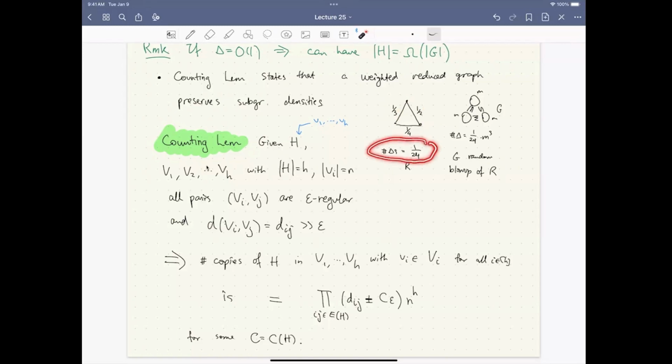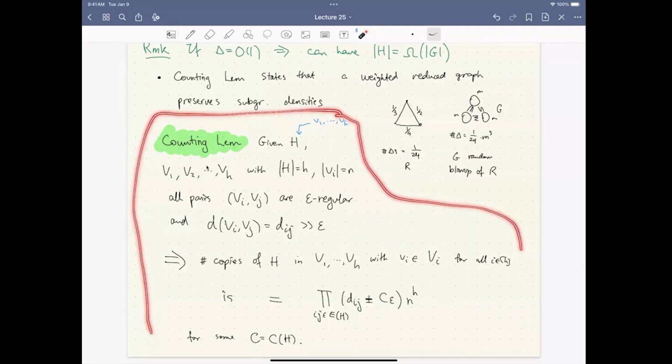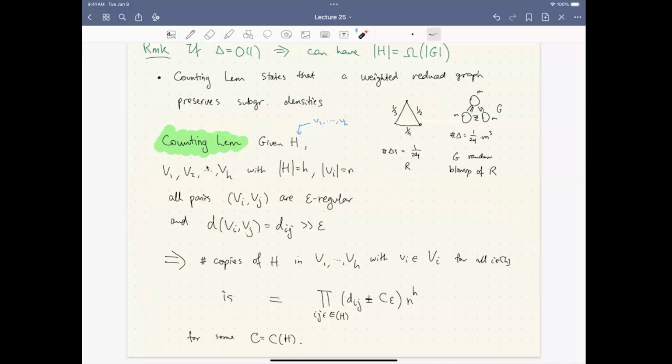It's 1/24. Then the corresponding number of triangles in the graph with one vertex in each part is the same proportion. That's basically the counting lemma, which works for more general graphs than just triangles.